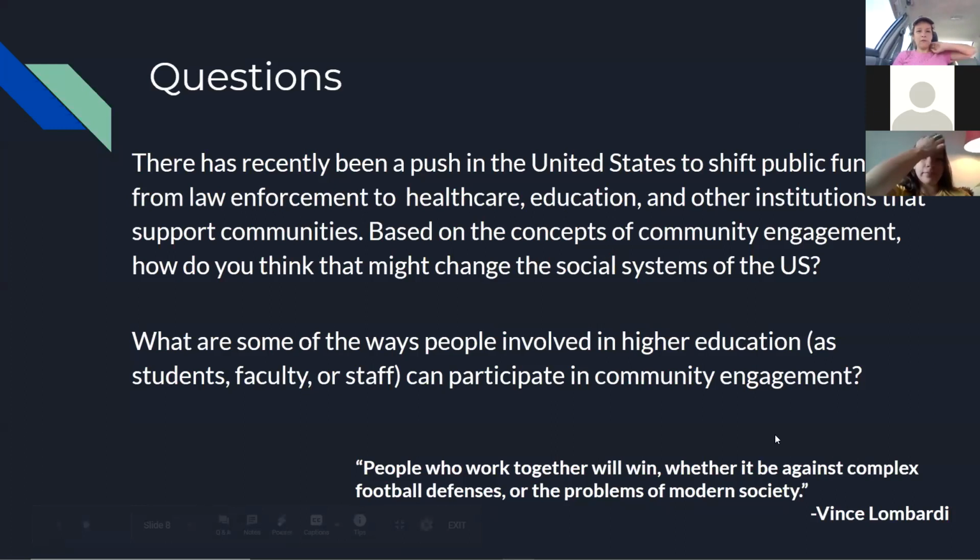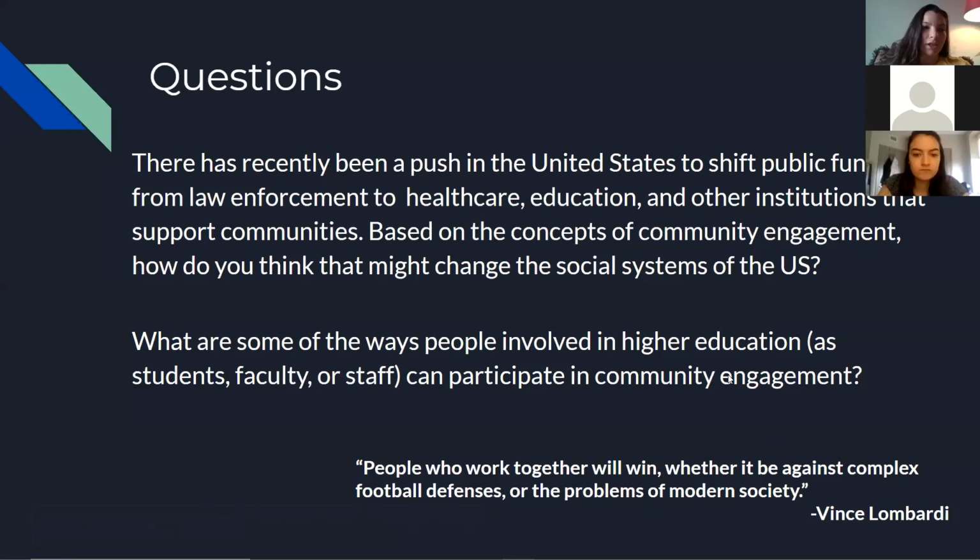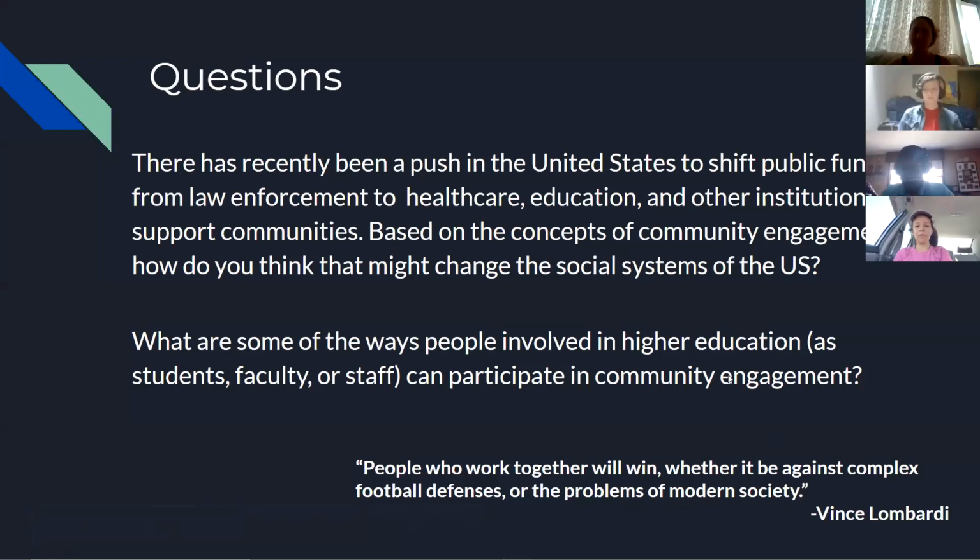Okay, sure. I would say that in identifying the strengths and weaknesses of the institutions that you mentioned, a really important way to base a solution off of community engagement is to identify those social systems and their strengths.